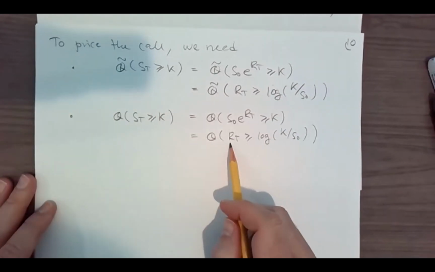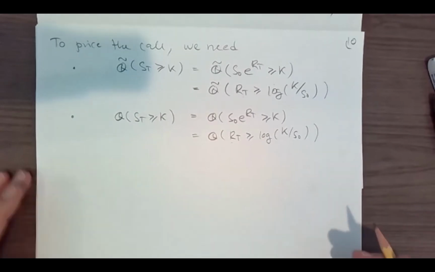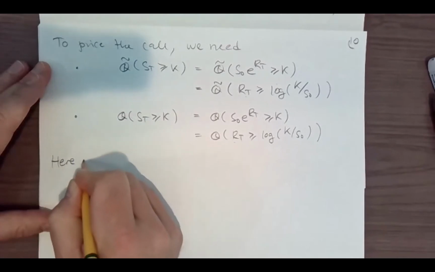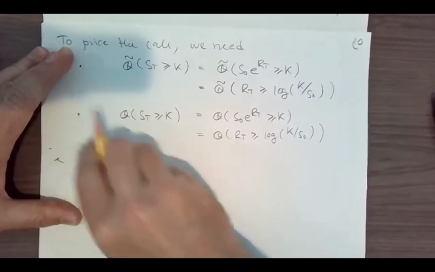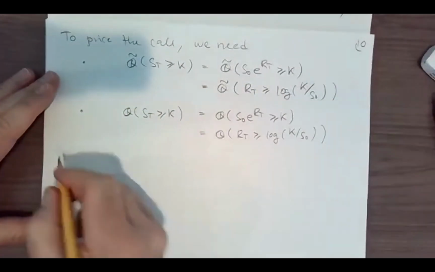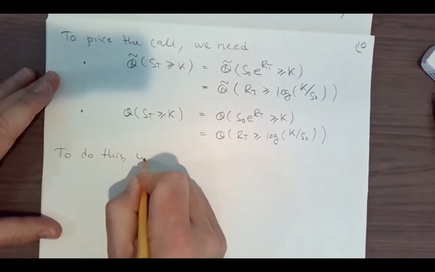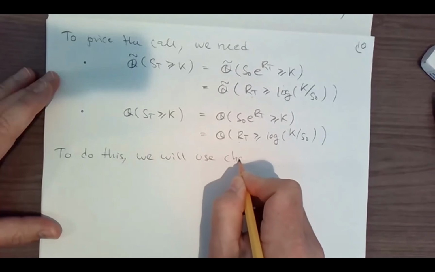I need to be able to compute what this is. I need to be able to compute what that is. And that's where we use characteristic functions. So here the key to do this, we'll use characteristic functions.